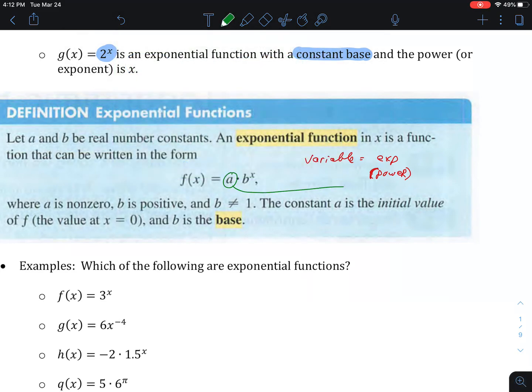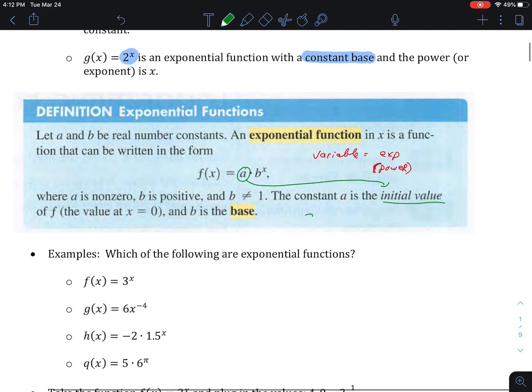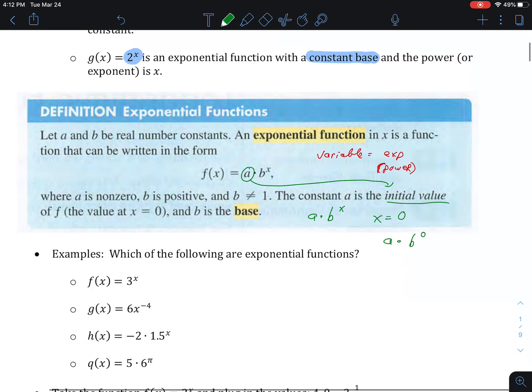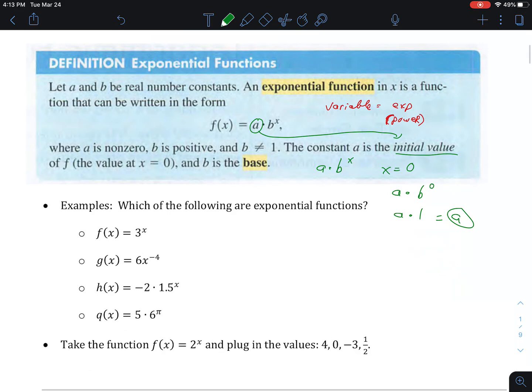And a is the initial value, meaning where you start. If I plug in 0, I get a. That makes sense because with a times b to the x, if x is 0, a times b to the 0 is the same thing as a times 1, so you get a.